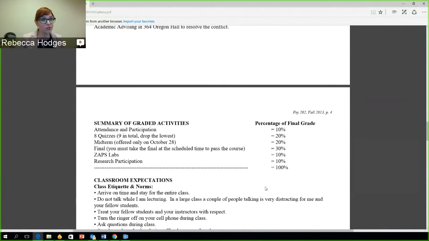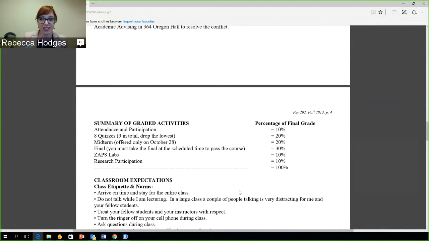It's important to really understand how much each assignment or test is worth to really measure how well you're doing in a specific course. So you can see here that most syllabi will provide this, the weight of each assignment or test, how much it's contributing to your grade overall.